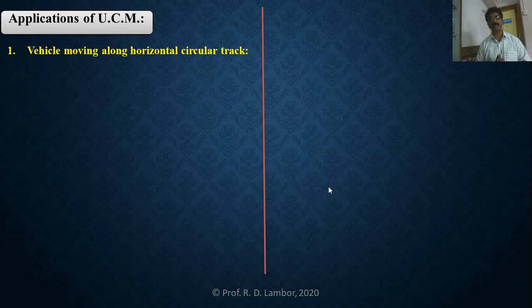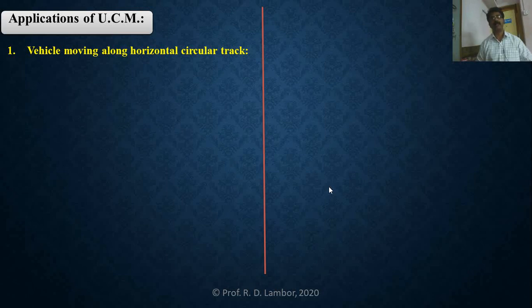So in today's lecture, we will see the applications of UCM. The first application is a vehicle moving along a horizontal circular track. This horizontal circular track has both edges at the same level. There is no level difference between the inner and outer edge of that circular track.